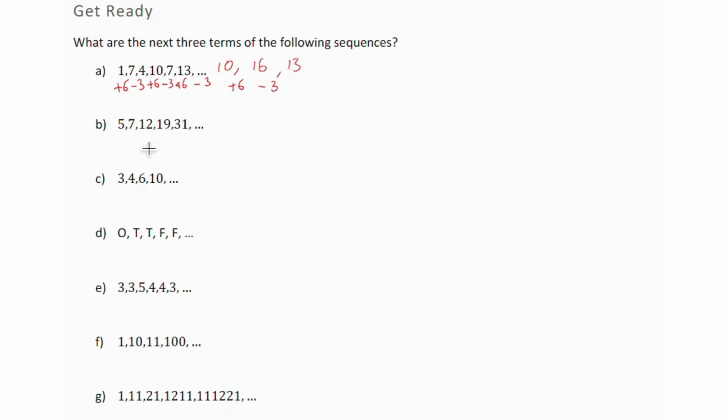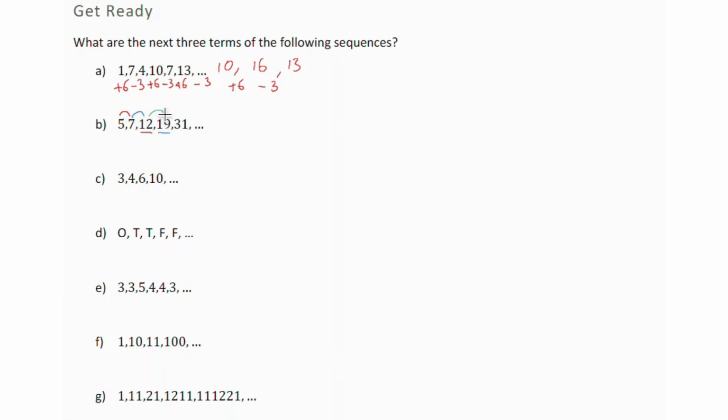For part B, this one is immediately a little bit trickier to spot. It's actually a Fibonacci style sequence. If we do 5 plus 7, we get 12, which is the next term. And if we do 7 plus 12, we get 19, which is the next term.